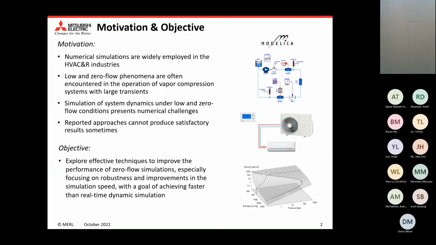The motivation of this work is very obvious because we are doing a lot of numerical simulations for computer systems, and we often encounter relevant applications.